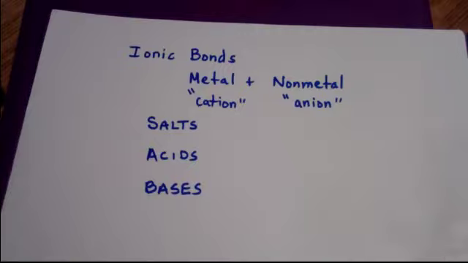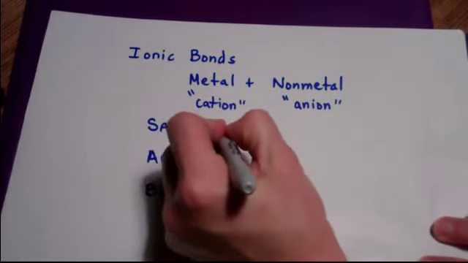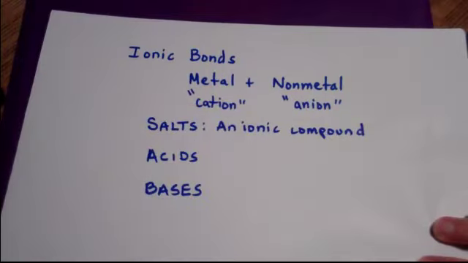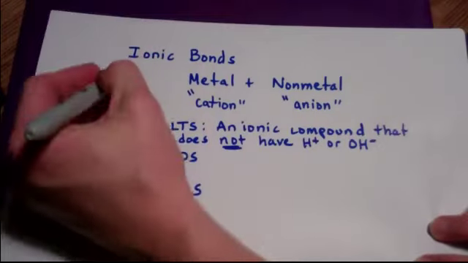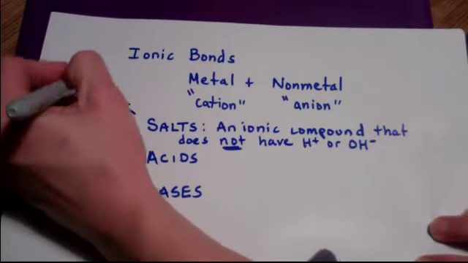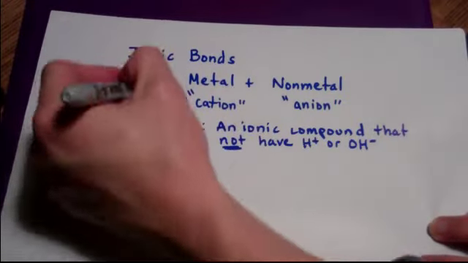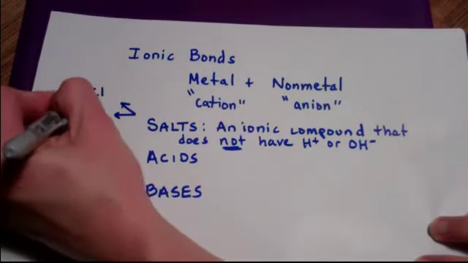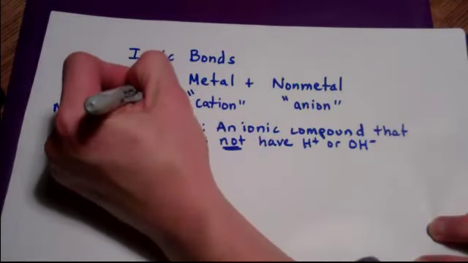So essentially we are going to define a salt as an ionic compound that does not contain H plus or OH minus as the cation or the anion. That's a pretty simple definition. So examples of salts that we've talked about: sodium chloride, be a good example. Magnesium sulfate, another good example. Ammonium nitrate.